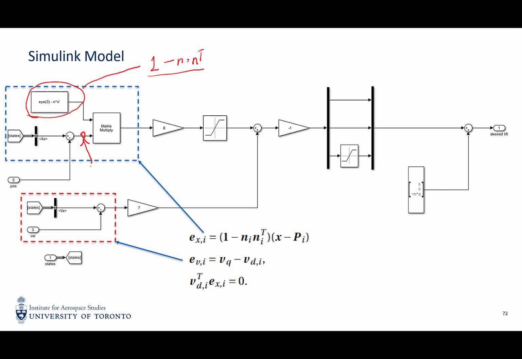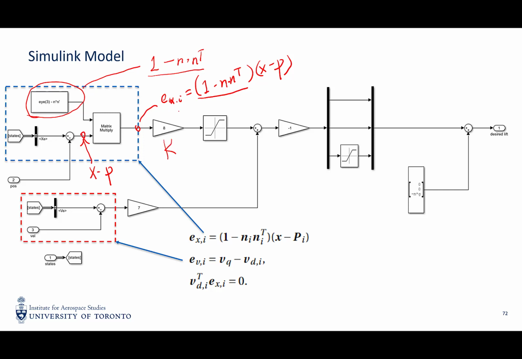From here we get x minus p. By doing this matrix multiplication, we get the projection of x minus p, which gives the path deviation error. So this is actually xi equals (I minus n times n transpose) times (x minus p).